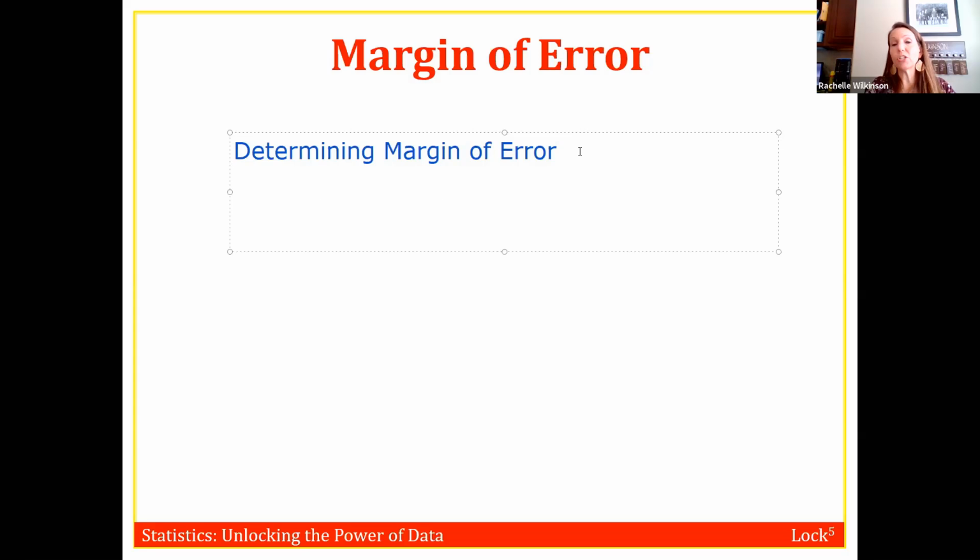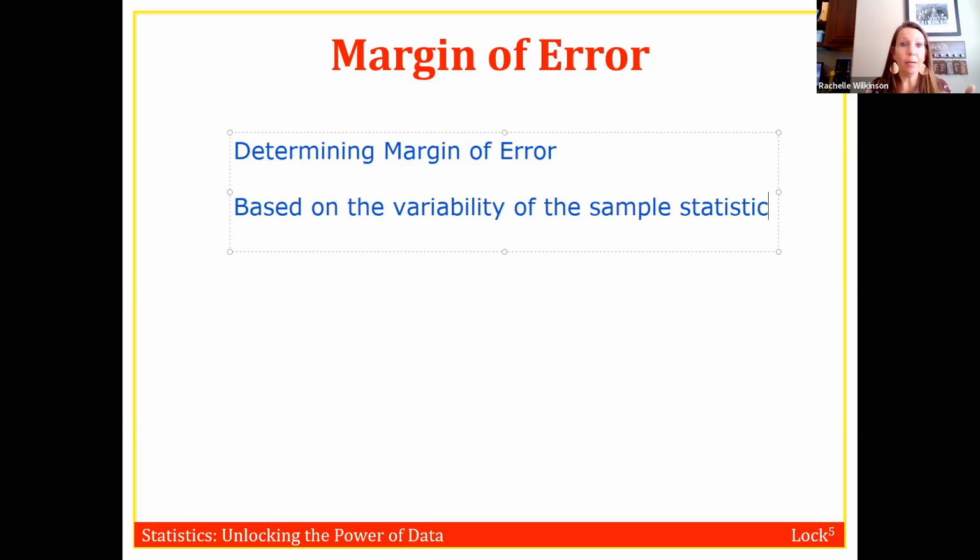The margin of error is going to be based on the variability of the sample statistic, and the name for the variability of the sample statistic is the standard error. So essentially, margin of error is going to be based on standard error. If we can estimate the standard error, then we can use that to construct a confidence interval.